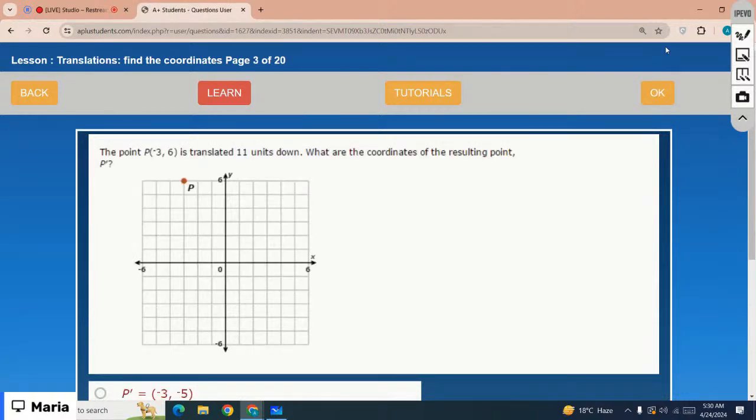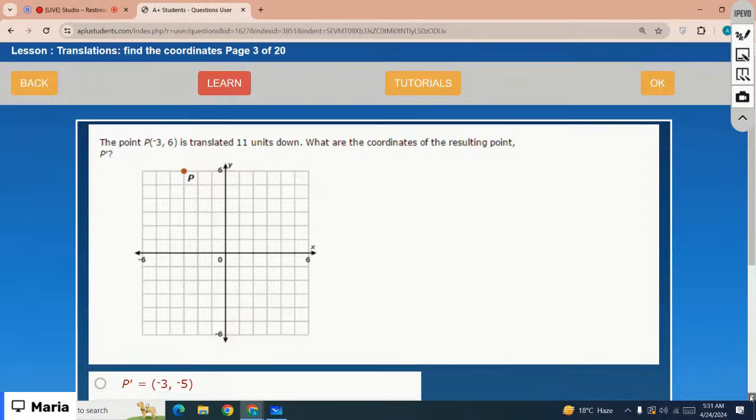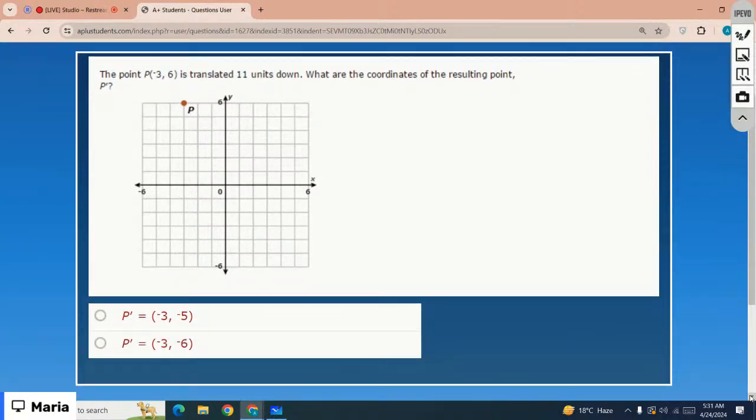The point P dash (-3, 6) is translated 11 units down. What are the coordinates of the resulting point? Which is the correct option? You have to subtract from the y-coordinate, right?